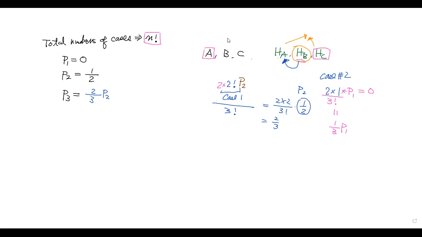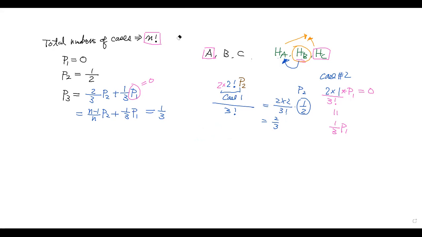So my P3 here will be plus 1/3 of P1. With 3 as n, 2 is n minus 1, P2, plus this one which is zero, this is 2/3 times P2. So overall, this probability will be 1/3, because 2 over 3 times 1/2 is 1/3.